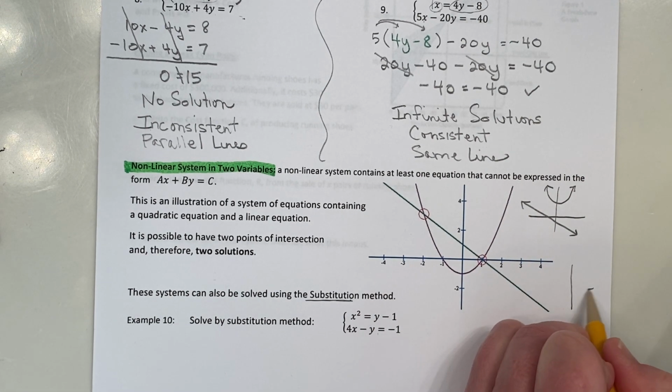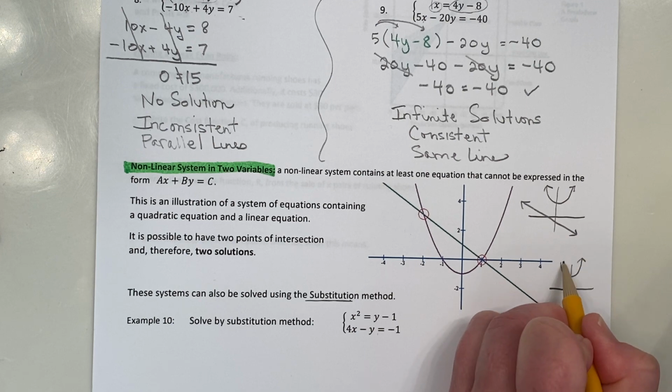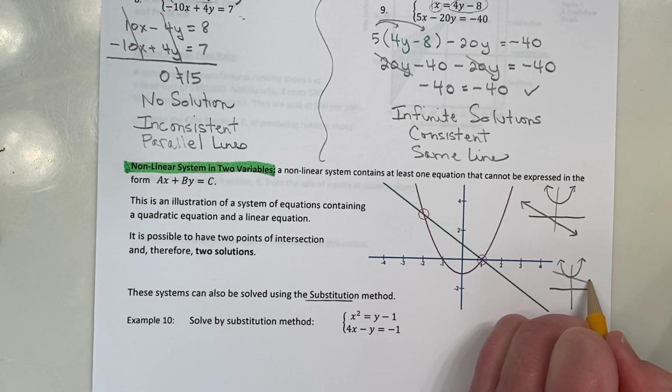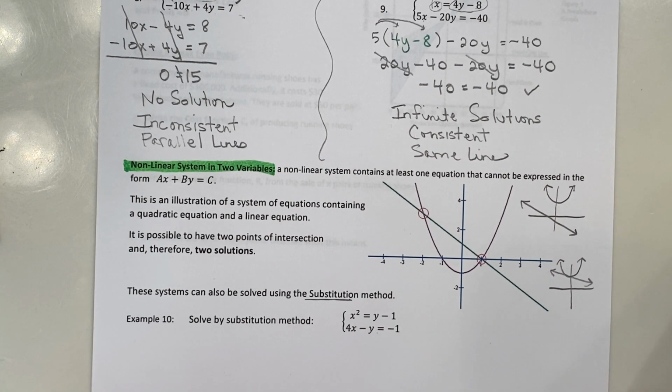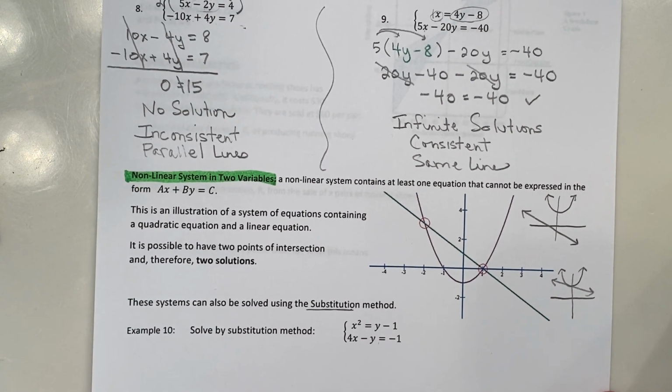Another case might be you might have a parabola, you might have a linear function, but it only intersects the parabola in 1 point. So there's a lot of different possibilities with a nonlinear system as well. So this is all worked out on the key. I'm going to leave this for you to solve, and look at the key to assist in that.